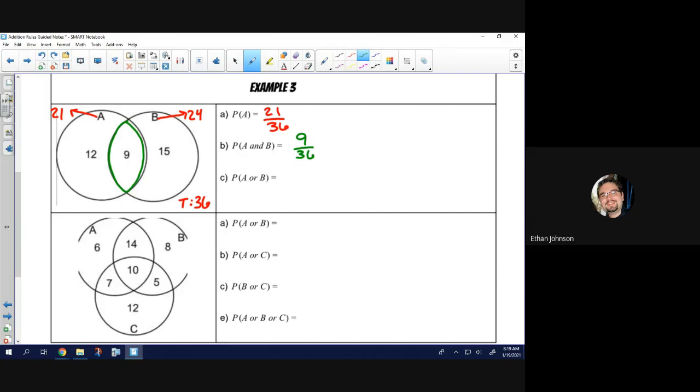And then C, probability of A or B. These two circles, this Venn diagram does have an overlap, so we will have to subtract because it is not mutually exclusive. So probability of A would be 21 out of 36, plus B, which is 24 out of 36, minus our overlap of 9 out of 36.